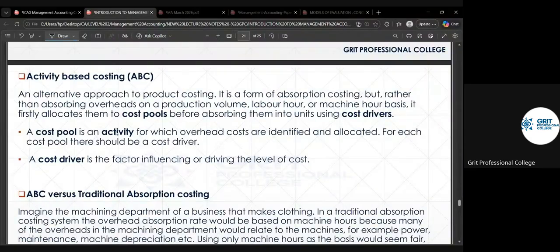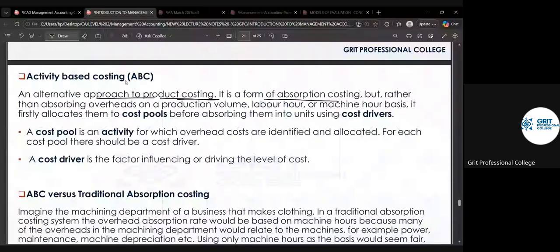So ABC, we are saying, is an alternative approach to product costing. One thing that I want you to know is that it is a form of absorption costing. So what that means is that under ABC, we are also trying to determine the full cost of a company's product or service.